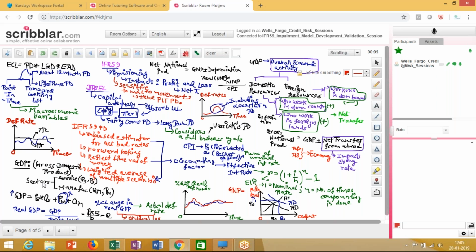Now, again, from there, what we saw was that GDP gave you an overall idea of the overall economic activity, right? But in today's integrated economies, domestic resources and foreign resources work within the geographical boundary of a nation, right? So in a country like the US, you have people from all over the world going in and working who earn their income, and that income does not find a place in the national income accounts of that particular country.